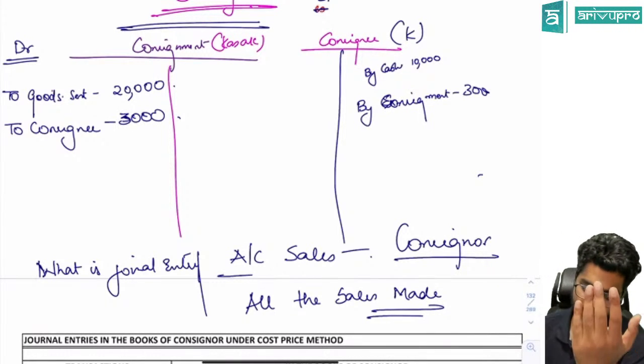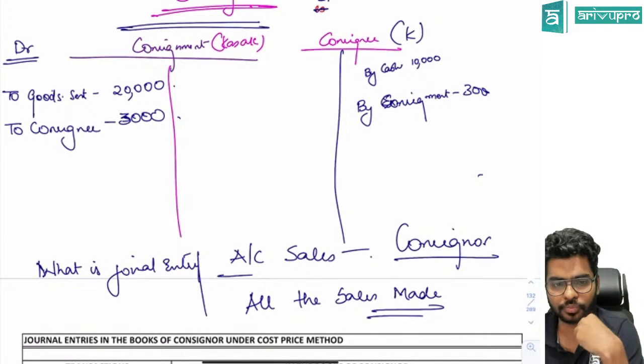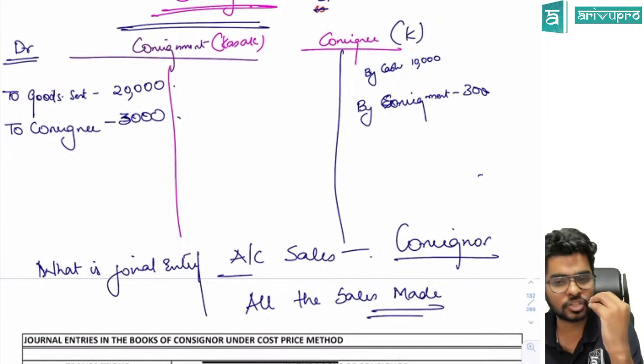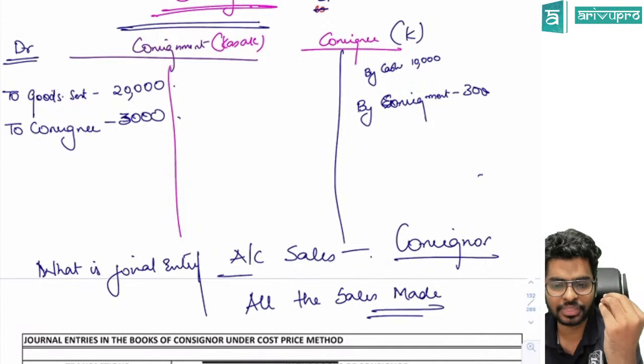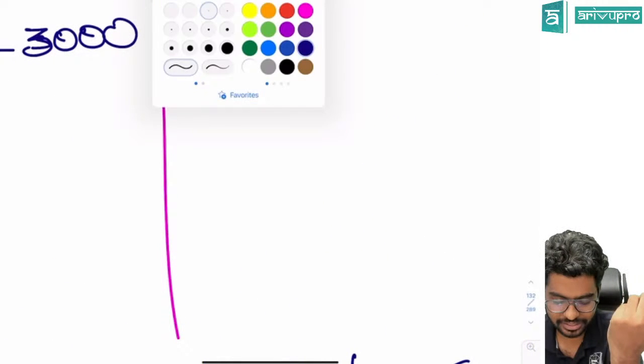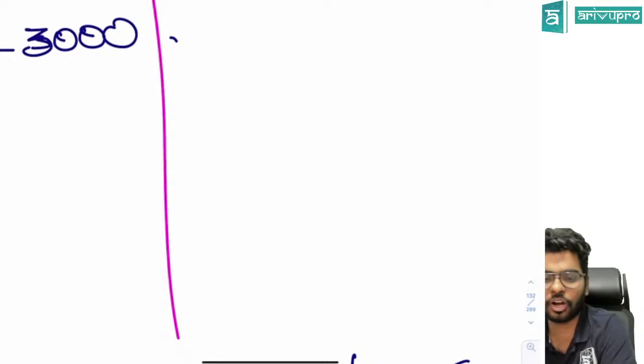Guys, see here, when the consignee sells goods on your behalf, everyone just use your logic. I don't know why you guys are not thinking on it. Let's say Rachita is my consignee, that is an agent.